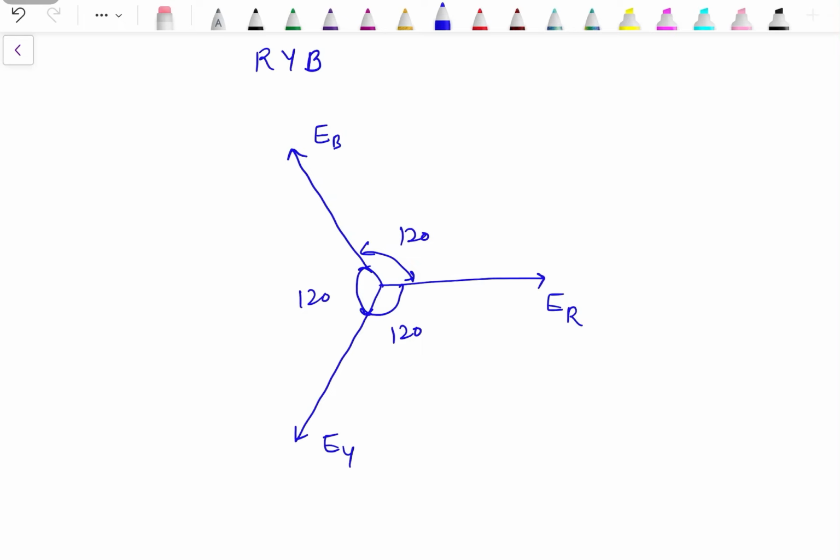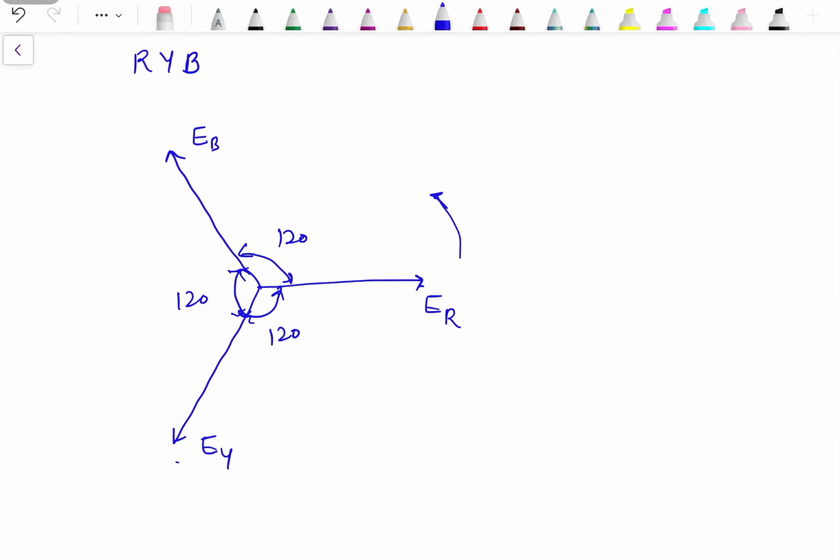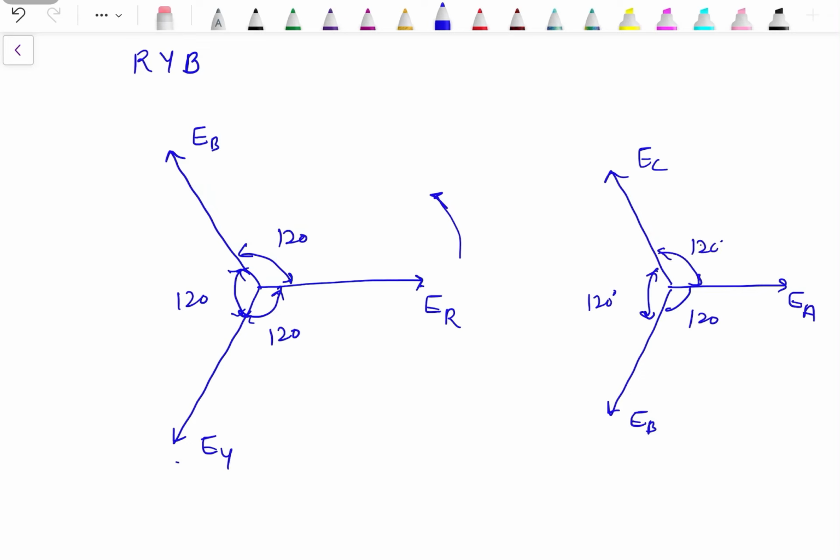And for drawing the phases, we know that we take the anti-clockwise direction. So phase R is the reference, followed by phase Y and then B, or we can have it in the form of ABC also. It can be like EA, EB, EC. Again, all of them are at 120 degree from each other. So the phase sequence is ABC.